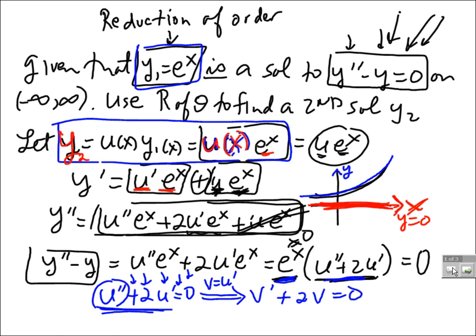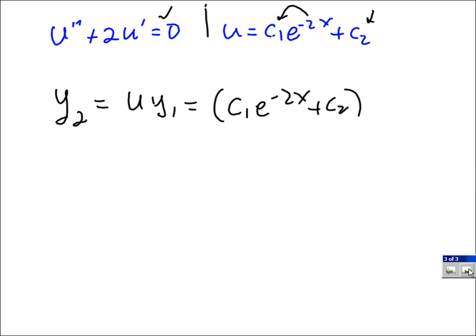So u times y1, and there's your solution. And you can FOIL it out if you like.